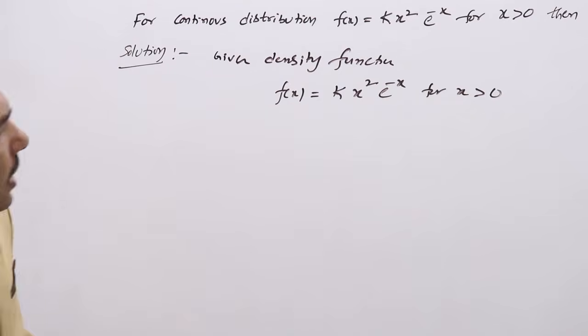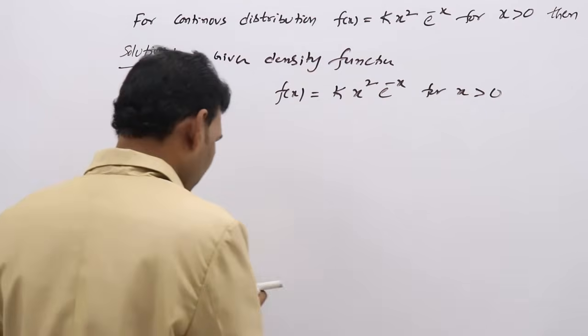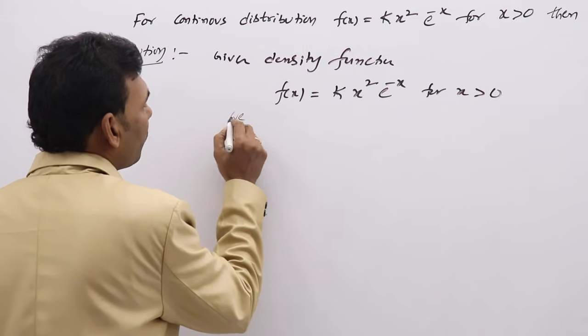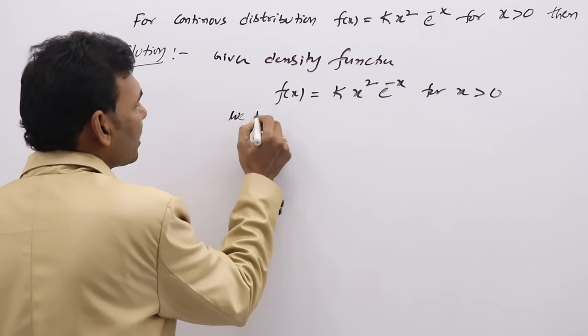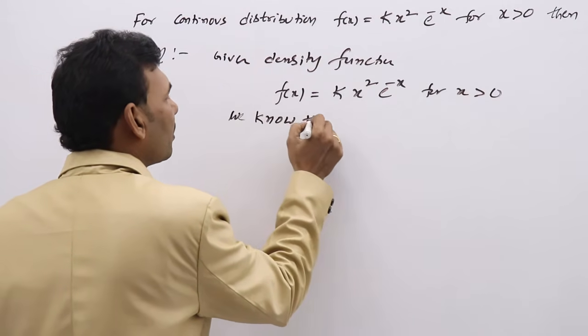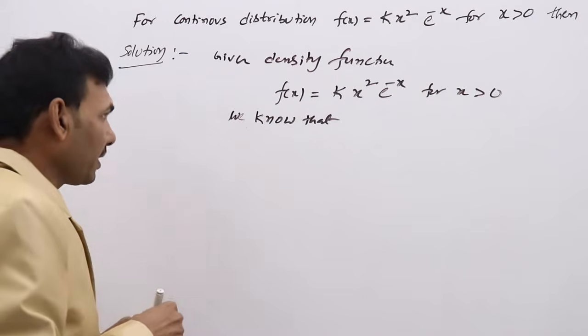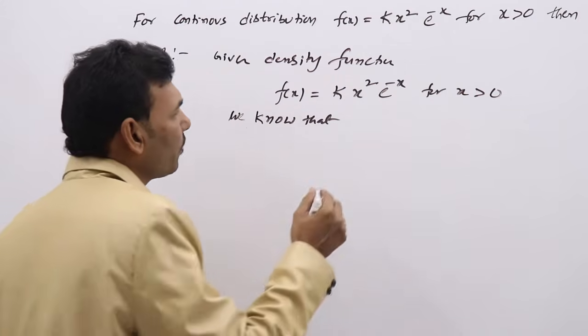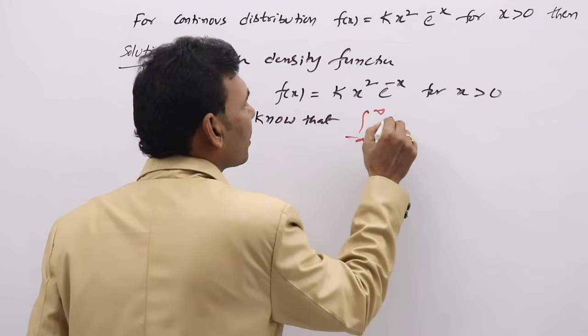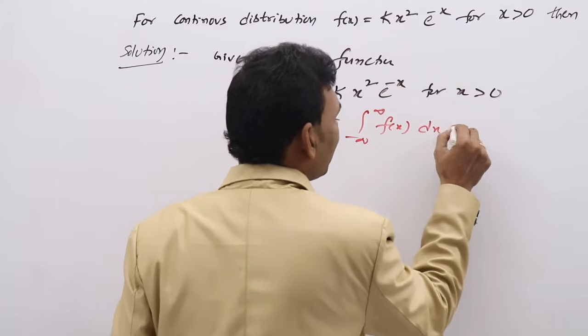The density function is given. We know from the property of density function that the integral from minus infinity to infinity of f of x dx is 1.